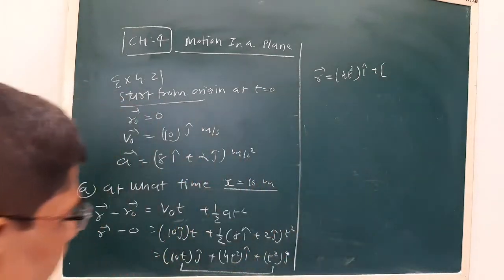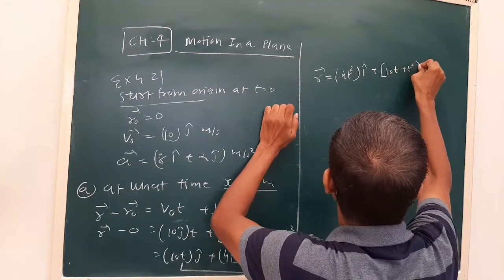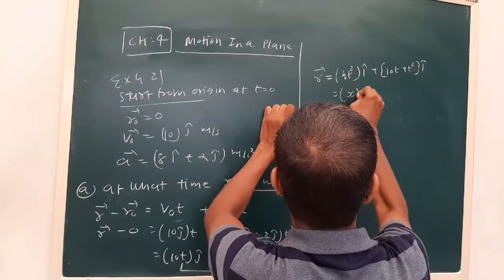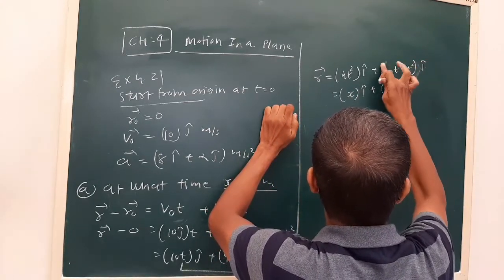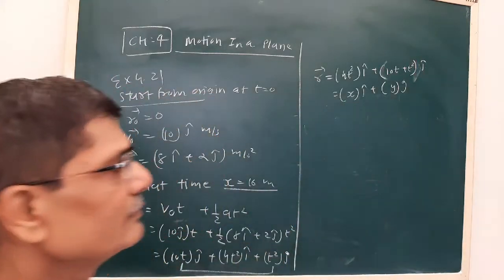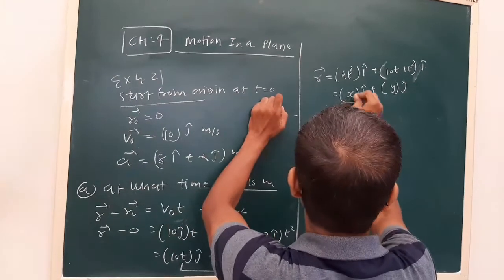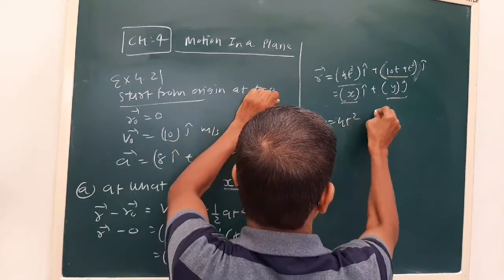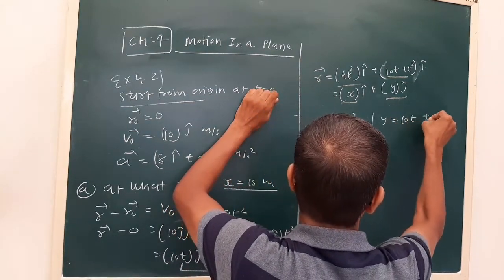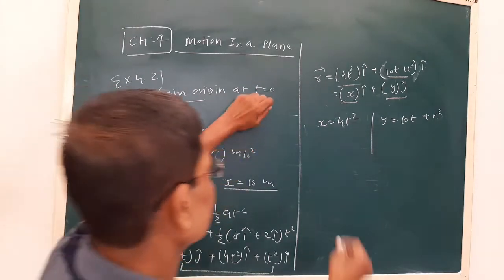The term with j caret is 5t plus t square. We have arranged in terms of x i caret plus y j caret. Separating the components, x is equal to 4t square and y is equal to 5t plus t square. Now see our question: at what time will the x component be equal to 16 meter?